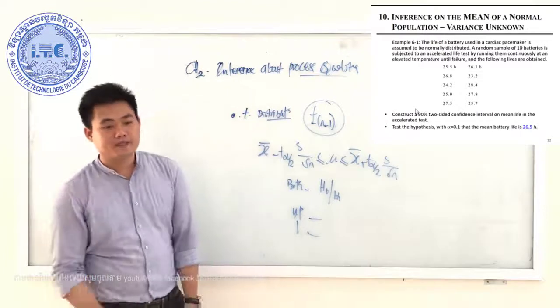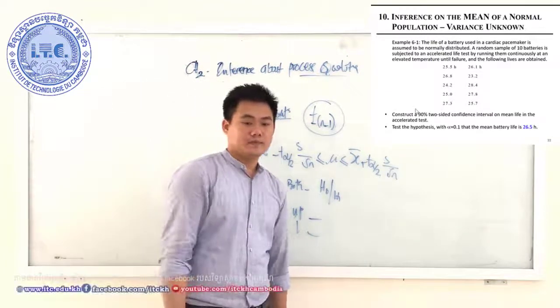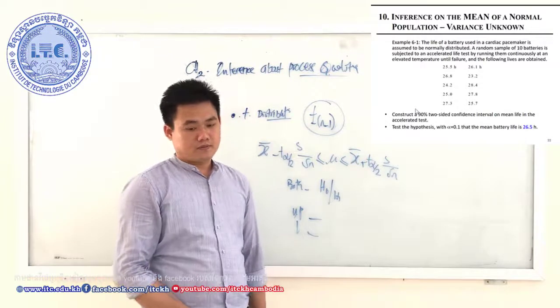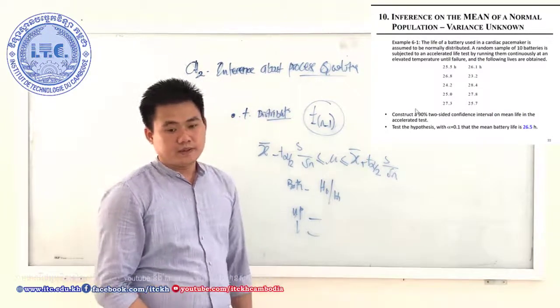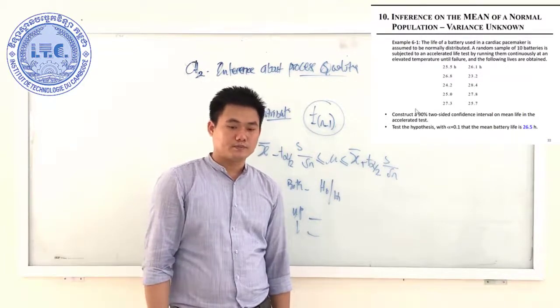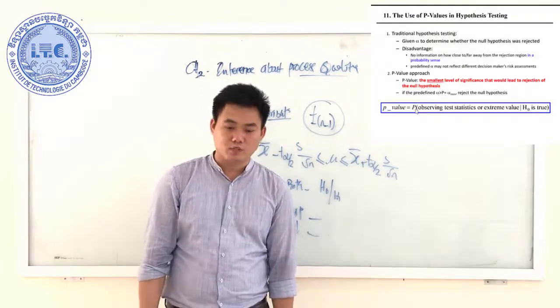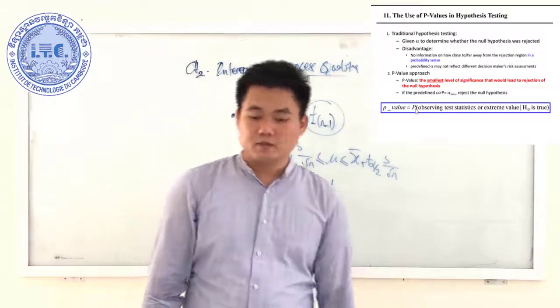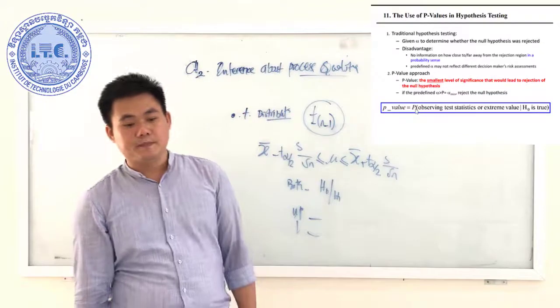Okay, this is another example for you to check. This example is to test at alpha equal to 0.1. That means the battery lifetime is 26.5 hours.